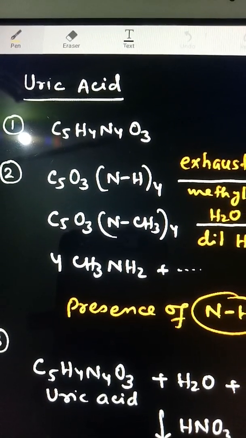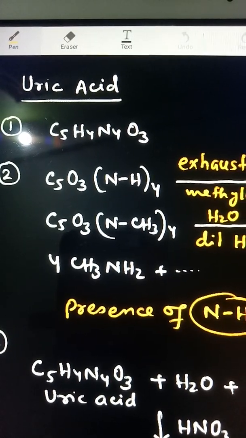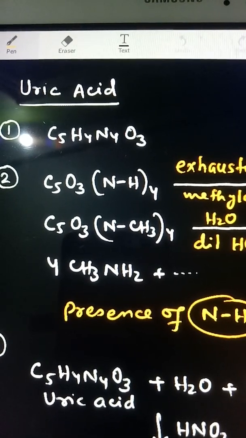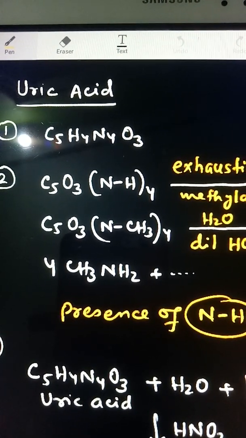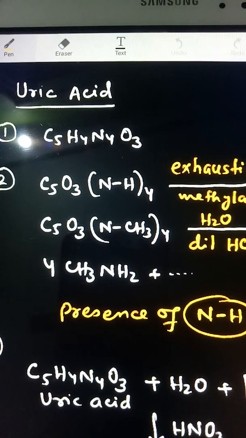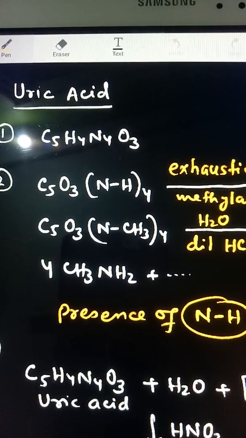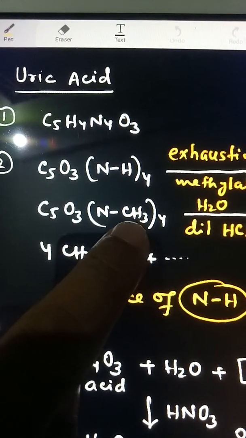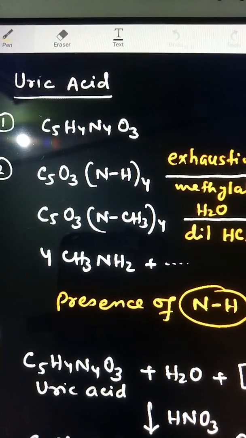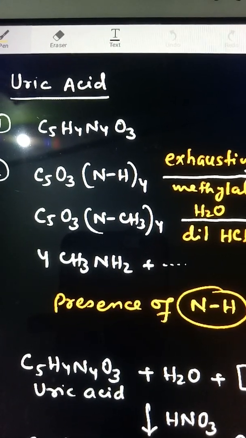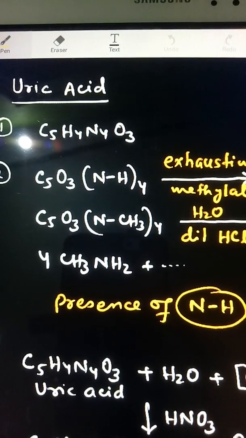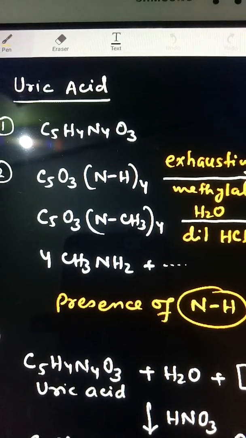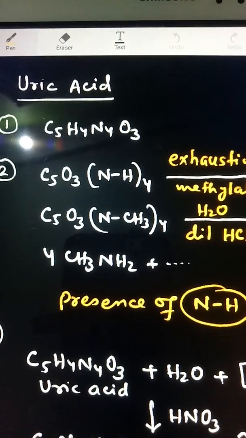Next, presence of 4 NH group. On exhaustive methylation, uric acid gives tetramethyl uric acid, in which all the 4 hydrogen atoms of uric acid have been replaced by methyl groups. When subjected to hydrolysis with dilute hydrochloric acid, tetramethyl uric acid loses all the 4 nitrogen atoms as methylamine.